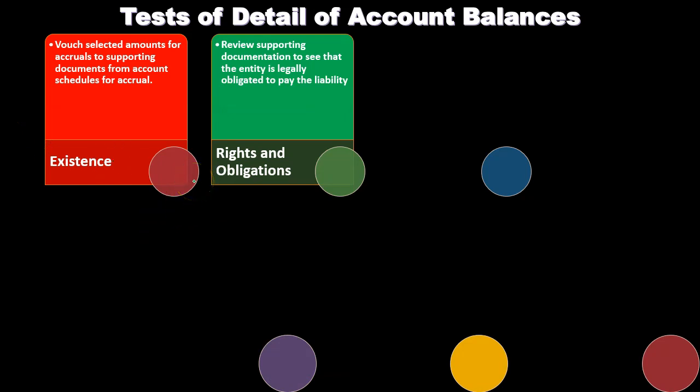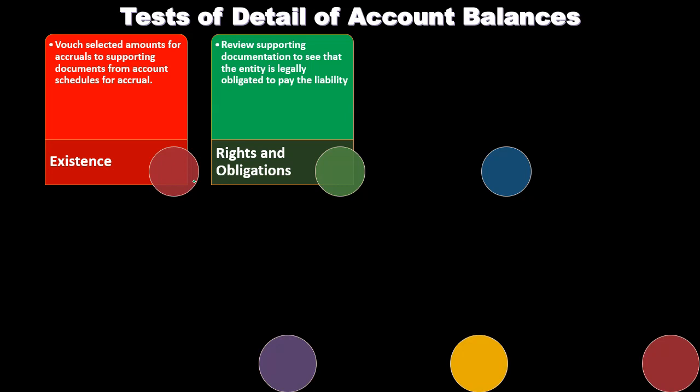The assertion of rights and obligations. So rights and obligations are the amounts that are represented on the financial statements with regards to the accruals, in this case, the obligation of the organization. Note, when we consider rights and obligations, we're considering liabilities. So we're less concerned that there would be intentional misstatement with regards to rights and obligations, possibly a mistake, because it's less likely that the company would try to look worse.